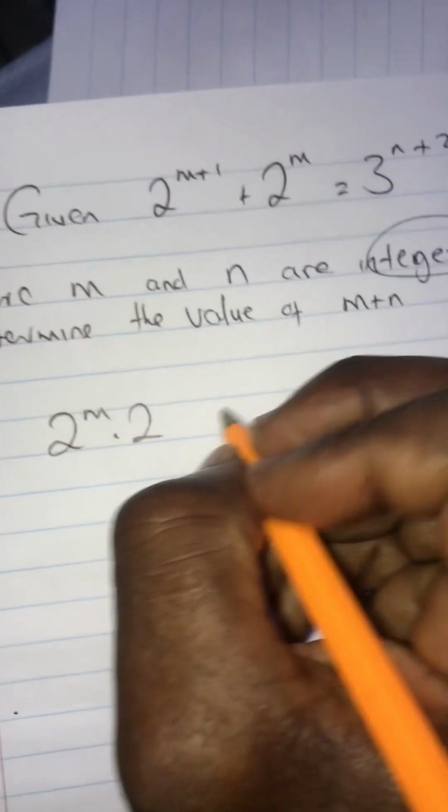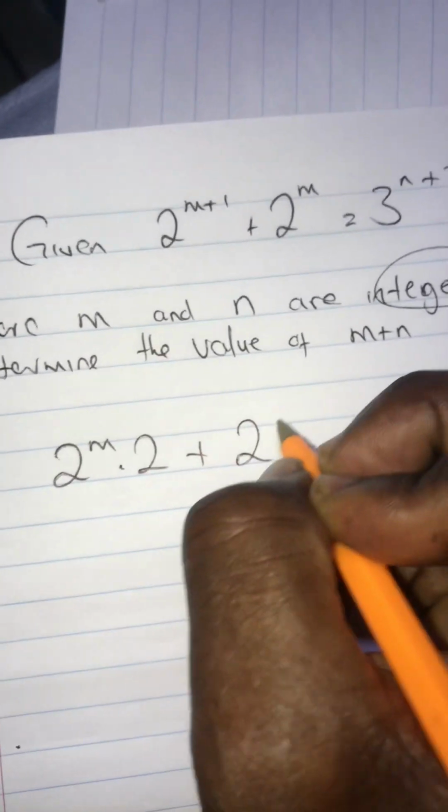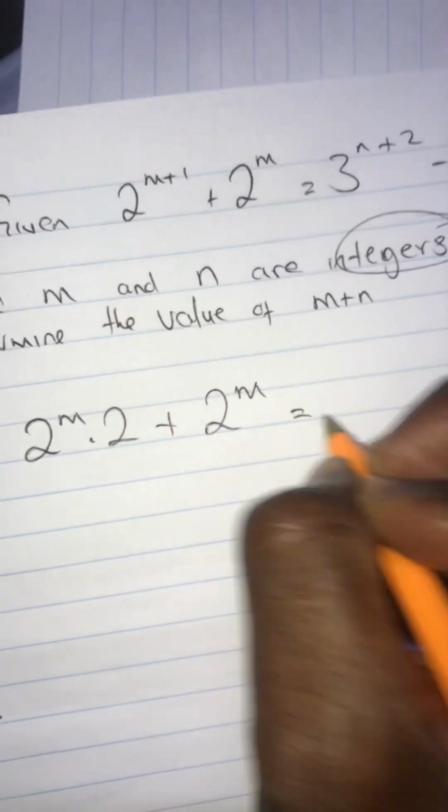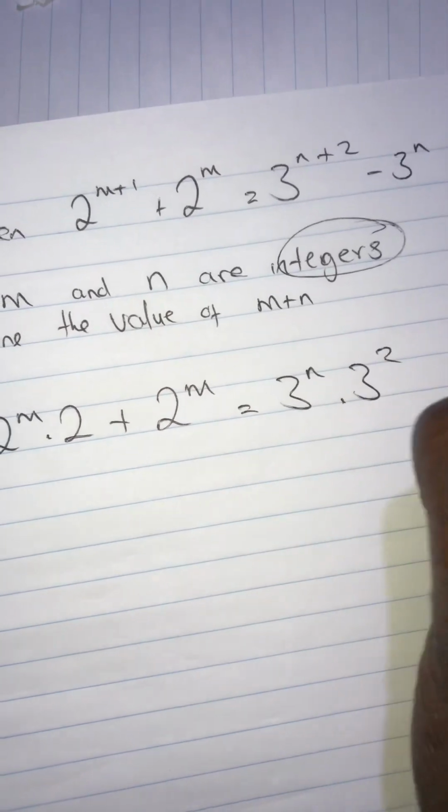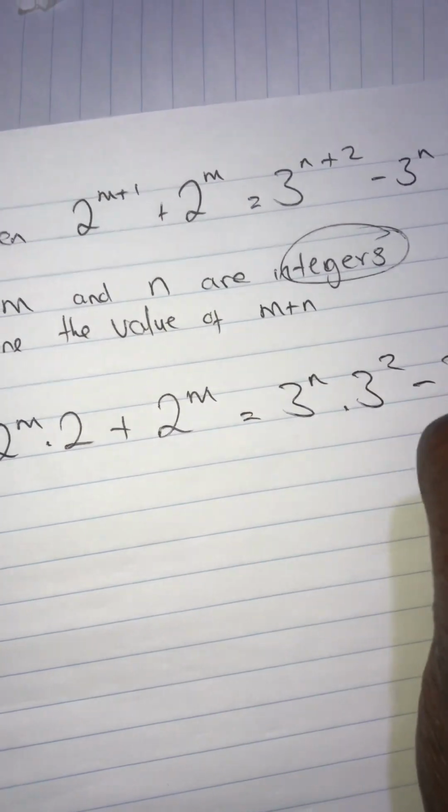Looking at the expression that they give us, the first thing that we must do is split our expression in order to be able to deal with it nicely. We have 2^m times 2, plus 2^m, equals 3^n times 3 squared, minus 3^n.